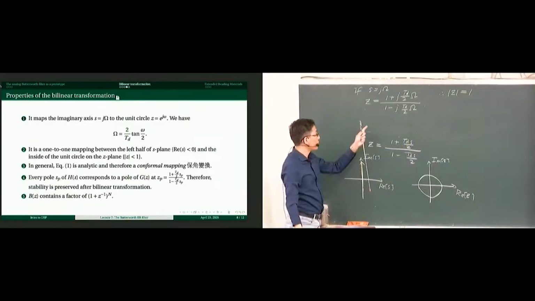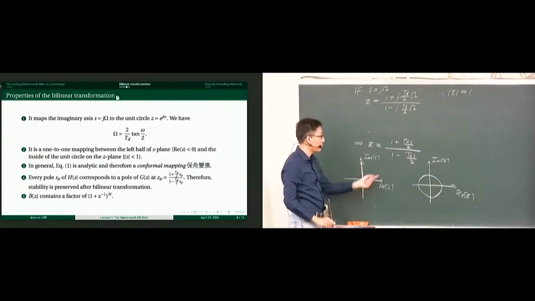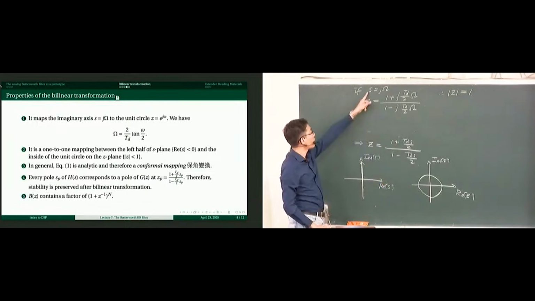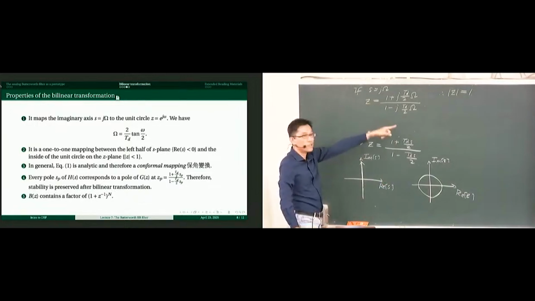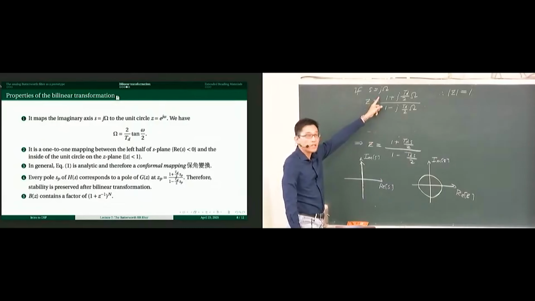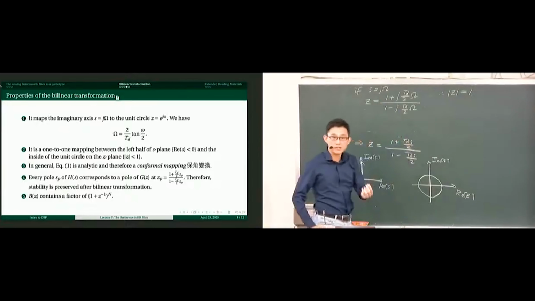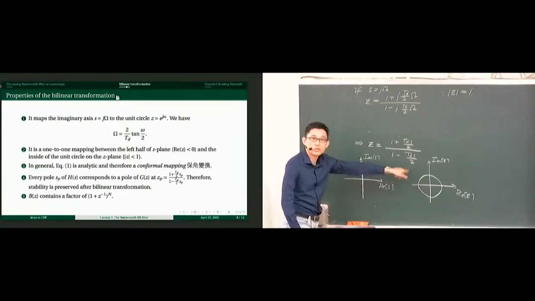So just by this very simple argument, we have already shown that the imaginary axis is mapped to the unit circle. Is that clear? If S is on the imaginary axis and you write it as S equal to j omega, then the absolute value of Z is 1. That implies Z is somewhere on the unit circle.